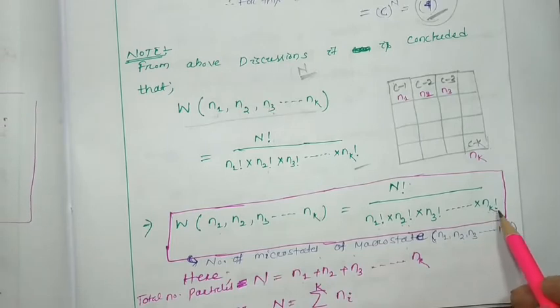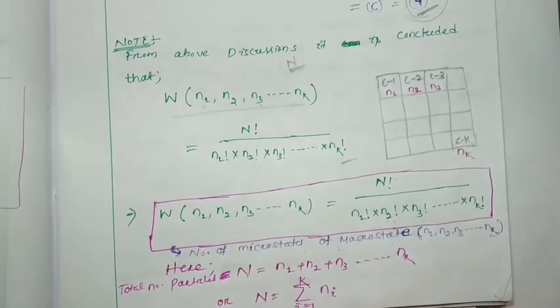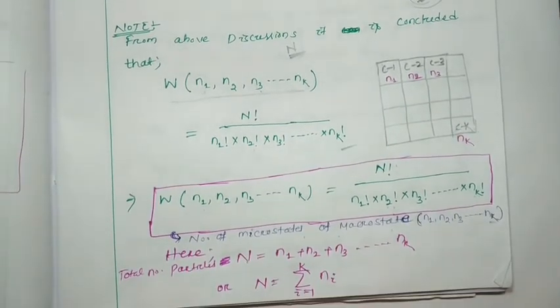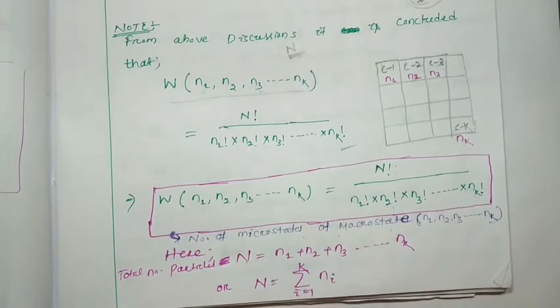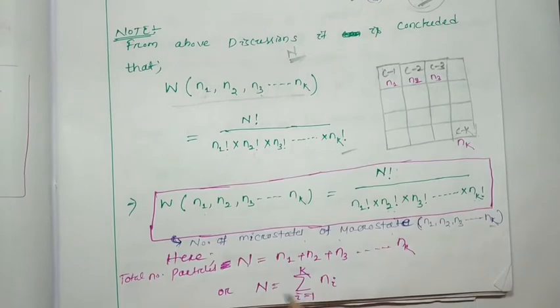Here k is the kth compartment, and the summation over i equals 1 to k of ni is n, the total number of particles.